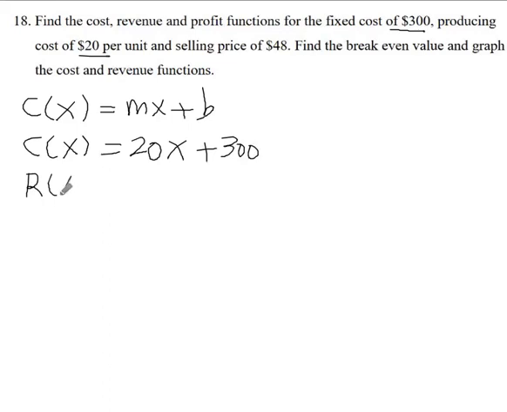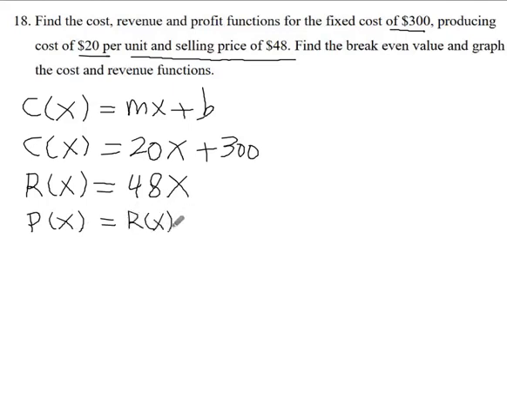The revenue would be the price per unit, which is 48, times x, so 48x. Profit would be the revenue minus cost.